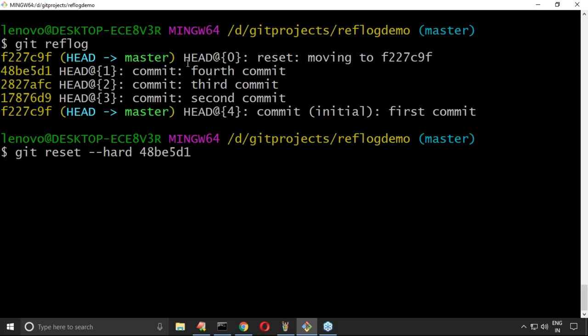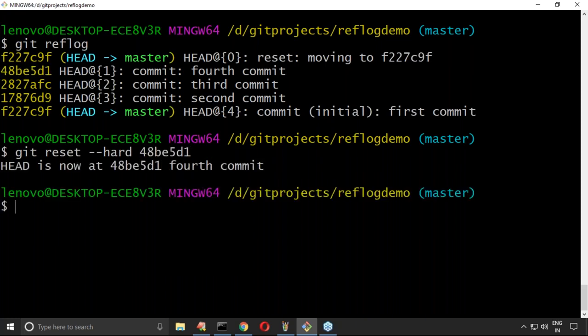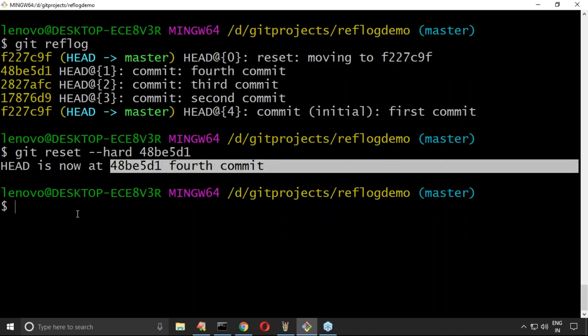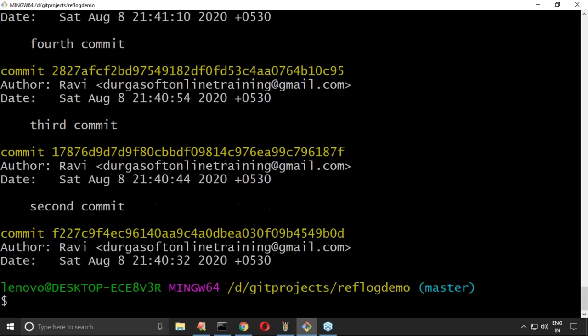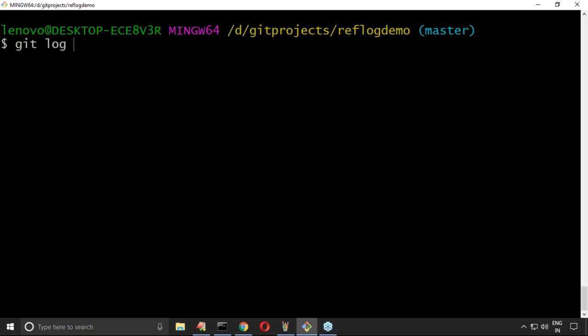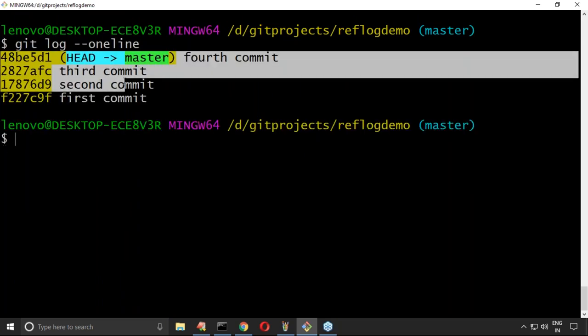If I use this one, now have a look once. Head is pointing to the fourth commit. If I use git log hyphen one line, again the four commits came or not?